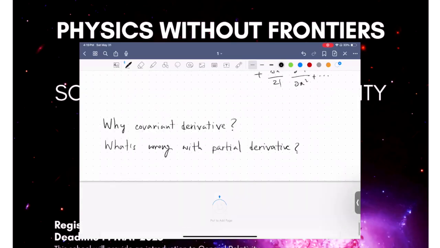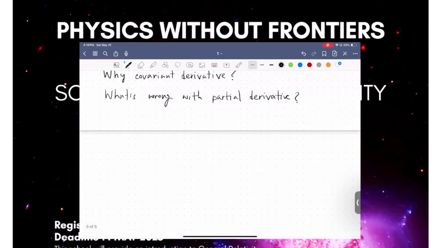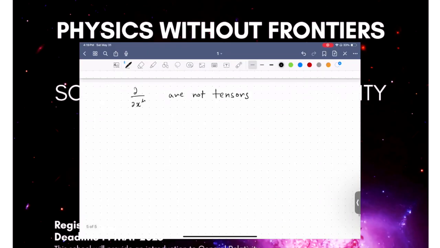Well, the answer to that question is that partial derivatives are not tensors. And we are going to see why.